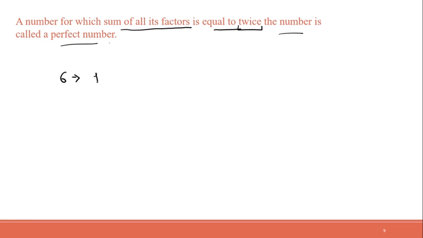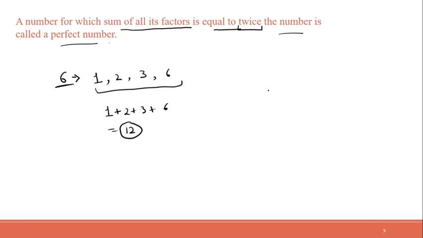What are the factors of 6? 1, then 2, then 3, and then 6. These are the factors of 6, right? So if I add all these, what will I get? 1 plus 2 plus 3 plus 6. 6 plus 3 is 9, plus 2 is 11, plus 1 is 12. That means this 12 is twice of 6, because 6 into 2 is 12.